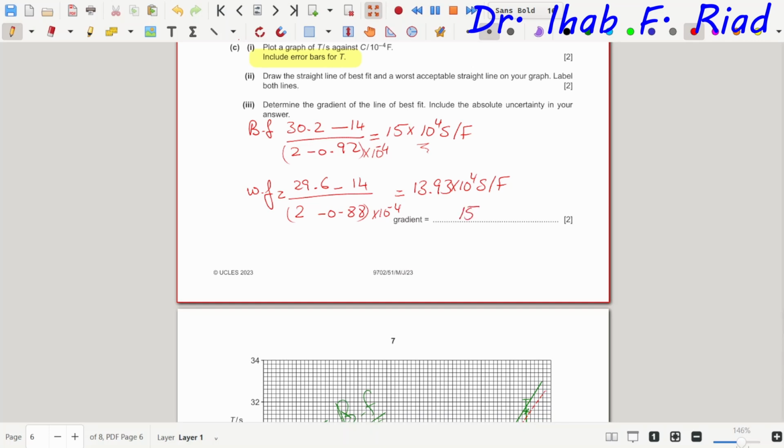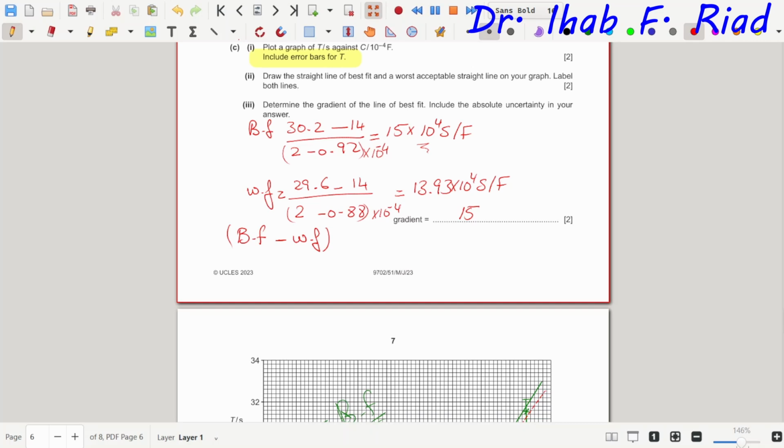How can we calculate the absolute uncertainty? The absolute uncertainty is best fit minus worst fit, and we ignore the sign. Best fit minus worst fit.